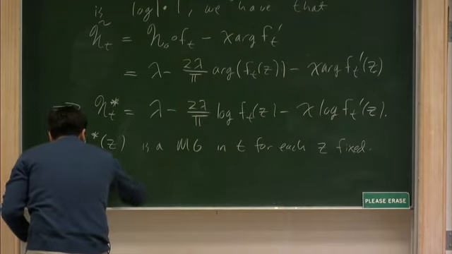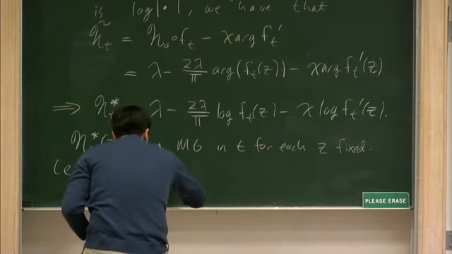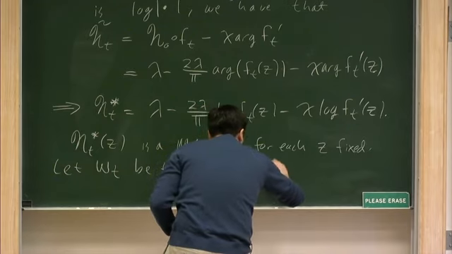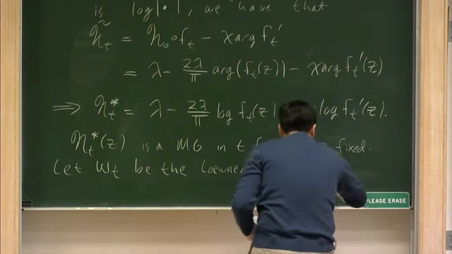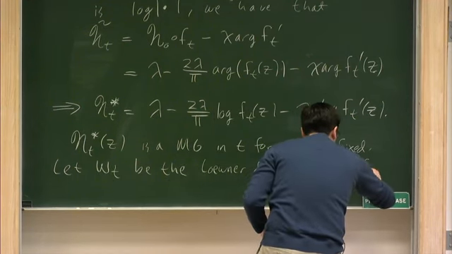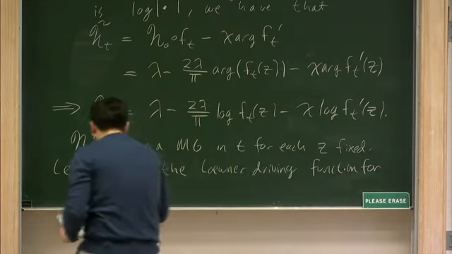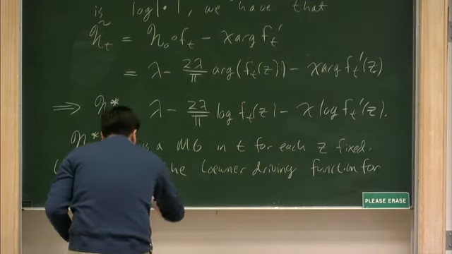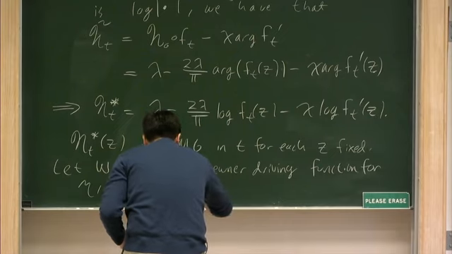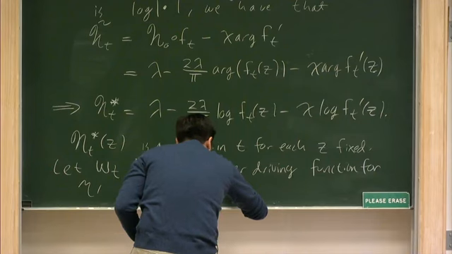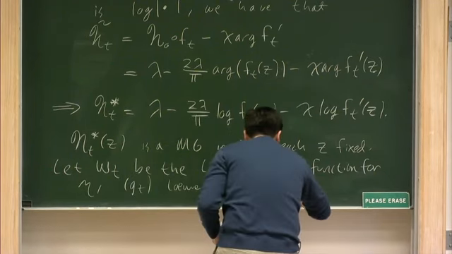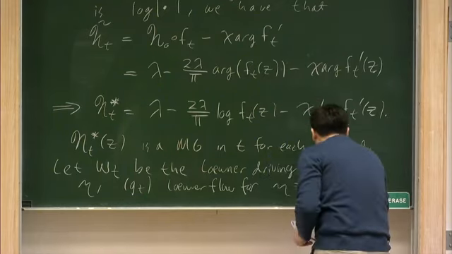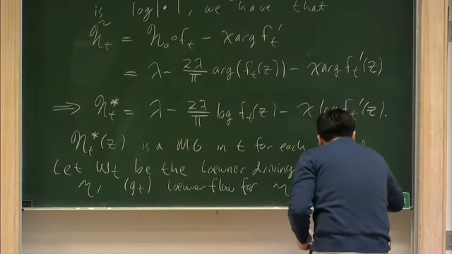So I'm going to let w of t be the Loewner driving function for eta, and as before, I'm going to let g sub t be the regular Loewner flow for eta. Here, ft and gt are related in the usual way: ft is equal to gt minus wt.